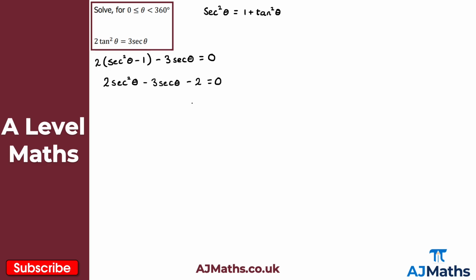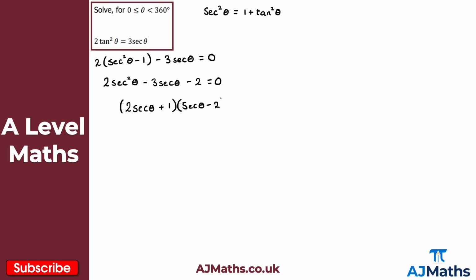Okay. Now, obviously, what we're hoping for here is that this equation will factorize. And in this case, it does. So the good news is that it does factorize. So what I get here, if we factorize this, is 2 sec theta plus 1, and then in the other bracket here, we get sec theta minus 2.